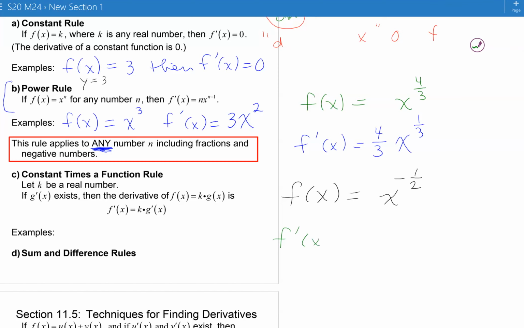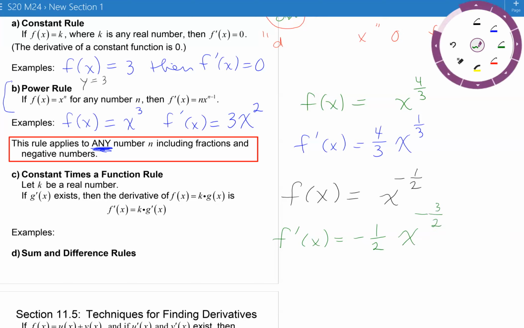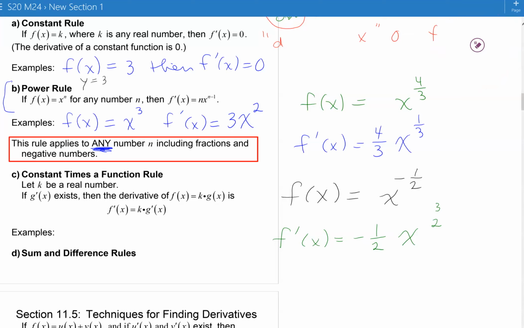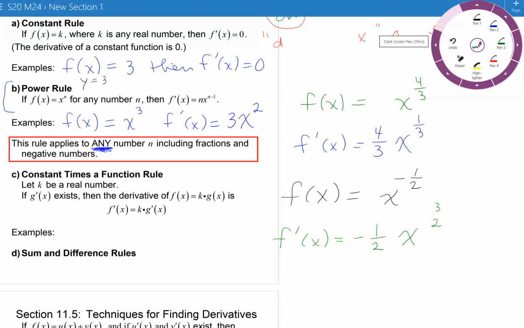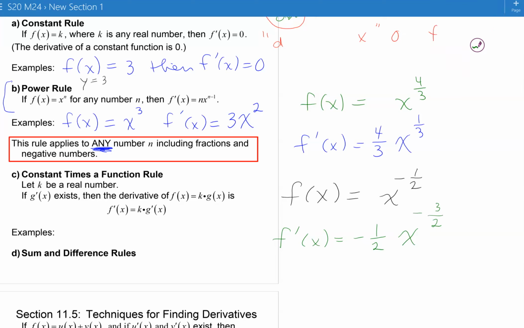Then the derivative is negative 1/2, the exponent comes down in the front, x to the new power of negative 3/2, which is negative 1/2 minus 1. So no matter what the exponent is, the exponent comes down in the front and becomes a multiplier. Write the x, and then write the new power that's 1 smaller than the exponent you did have.